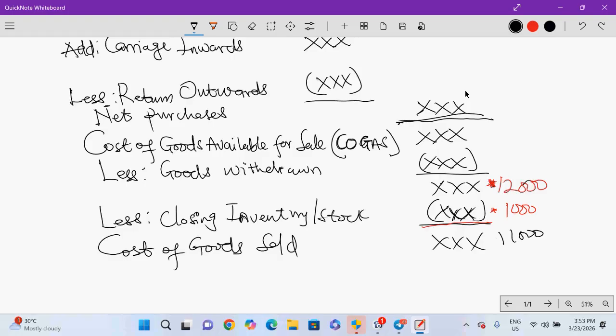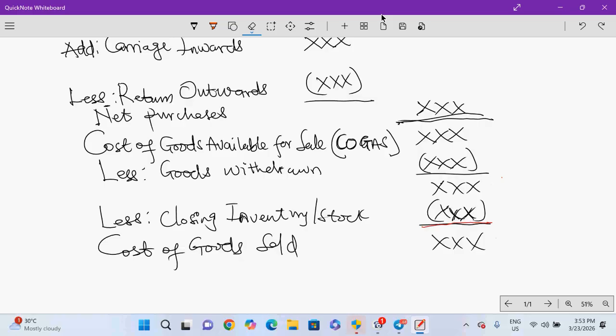After you've sold everything for the whole period, you ask Kojo again to go and check the warehouse. How much is remaining? We are left with 1,000 cedis worth of goods. So technically we have sold 11,000. That is the cost of goods sold.